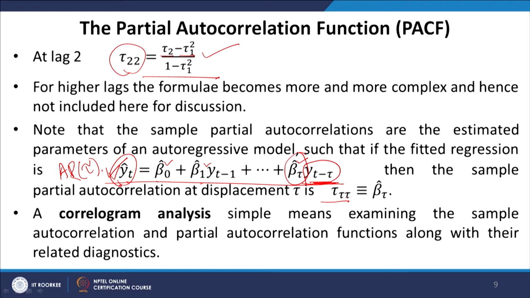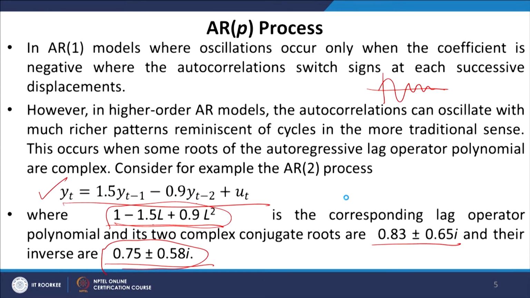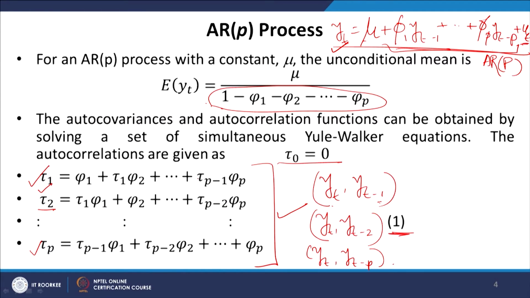A correlogram analysis simply means examining the sample autocorrelation and partial autocorrelation functions along with their related diagnostics. When I showed you equation 1, it consisted of a set of simultaneous Yule-Walker equations.